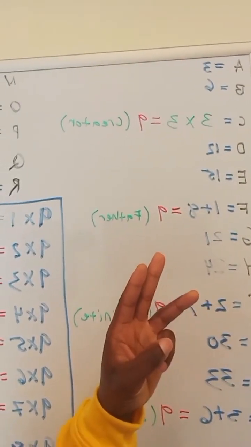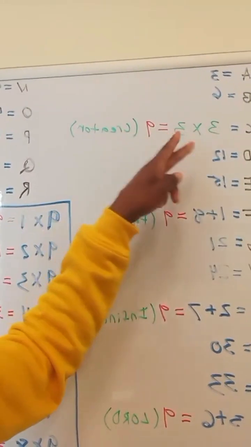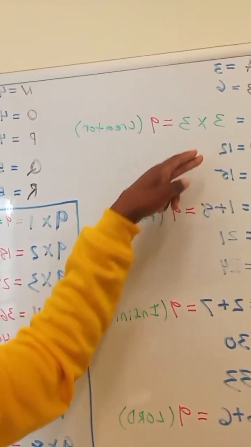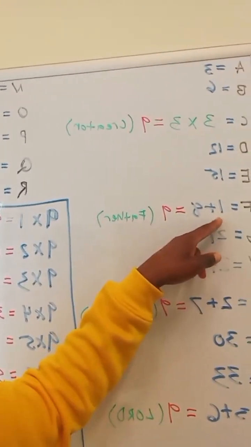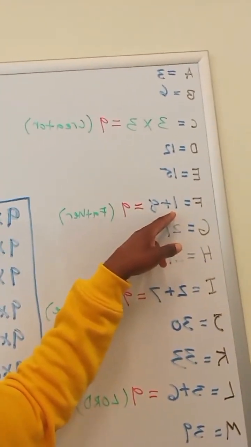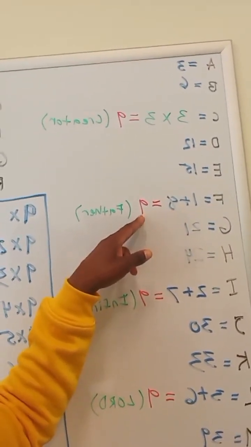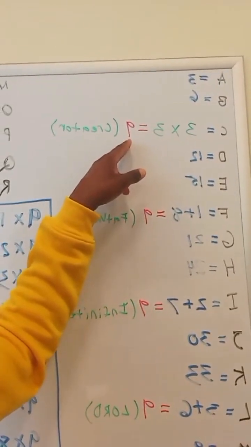So what is this? 3, 6, 9, 12. D is 12. Then add another 3, you get 15. You add another 3, you get 18. So when we add the 1 and the 8, we get the number 9, just like when we times 3 and 3, we got 9 here.